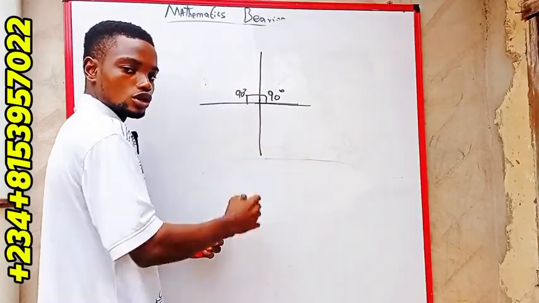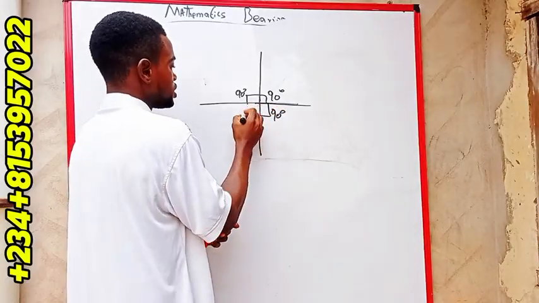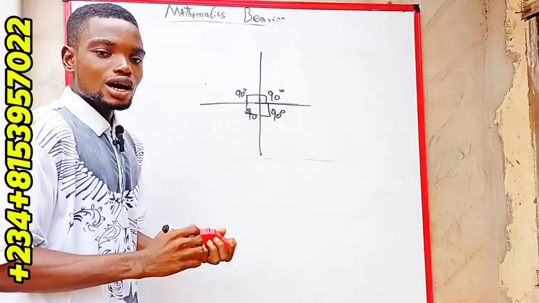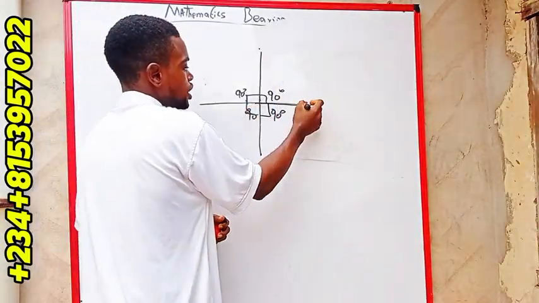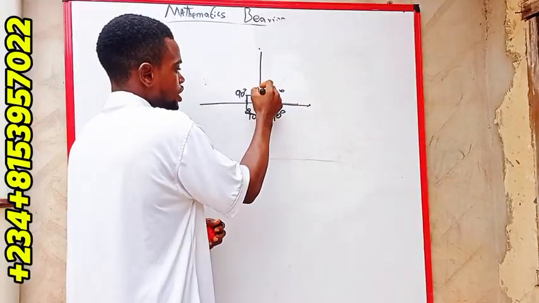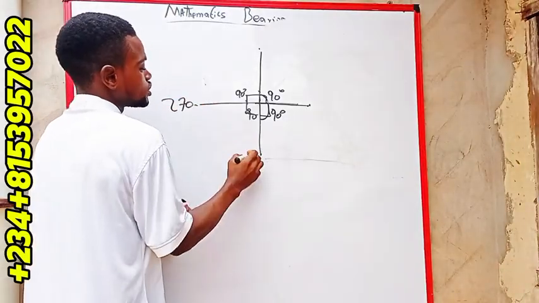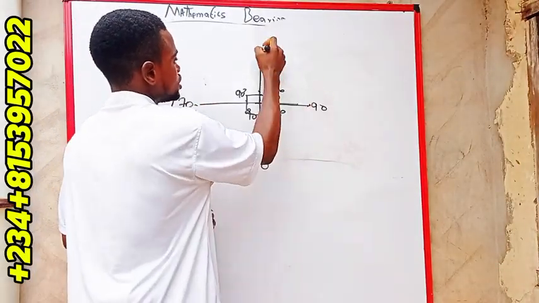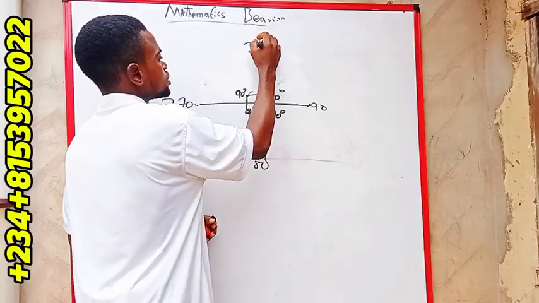We can go back, and we still have perpendicular here, forming 90 degrees. From here to here becomes 90, from here to here, an angle at a straight line, becomes 180, from here to here becomes 270, and from here back to here, angle at a point, sums to 360.